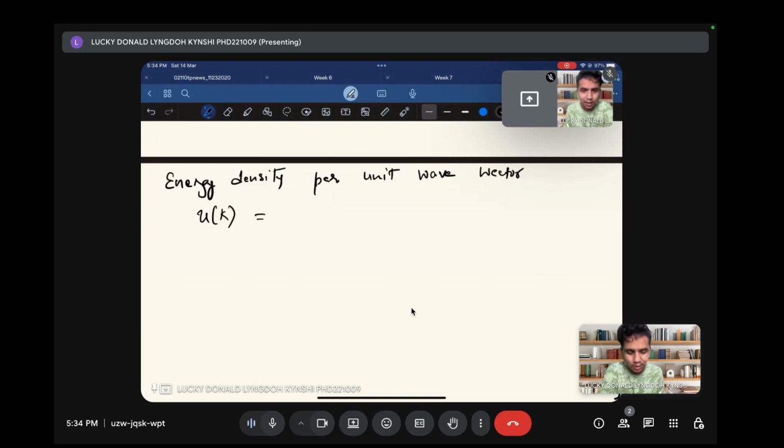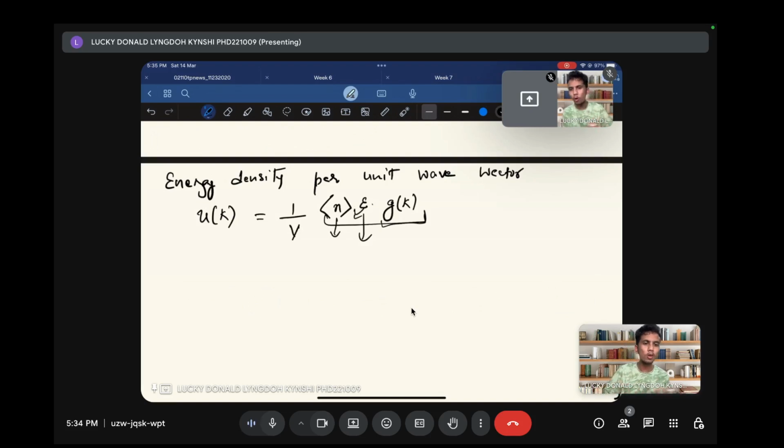You have to divide by volume first, because it's energy density, and you multiply n, the average number of particles, by the energy and by g(k). E is the energy and n is the average number of particles. If you multiply by the number of density of states available, you get the total number of particles in all the states. Now you multiply it with your energy, then you get the total energy of all the particles.